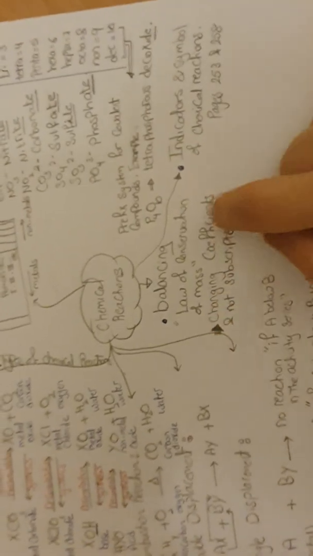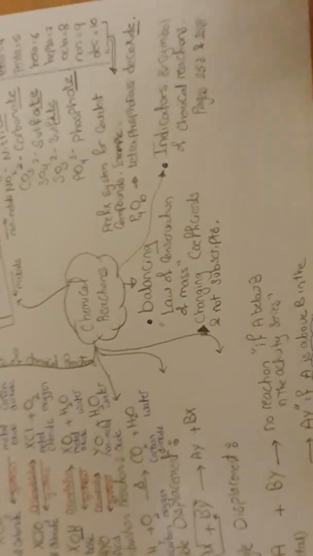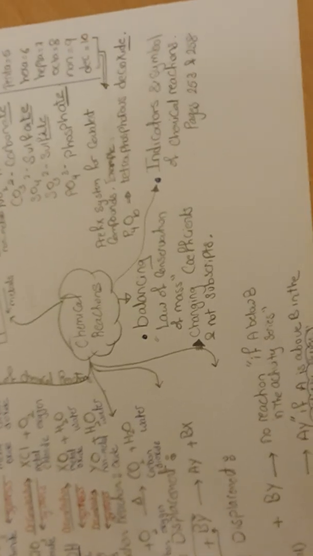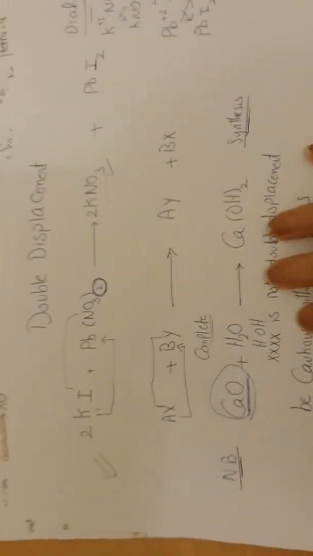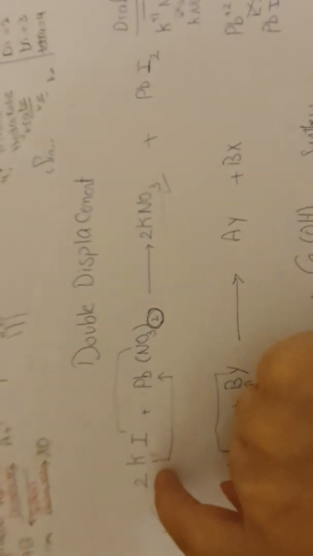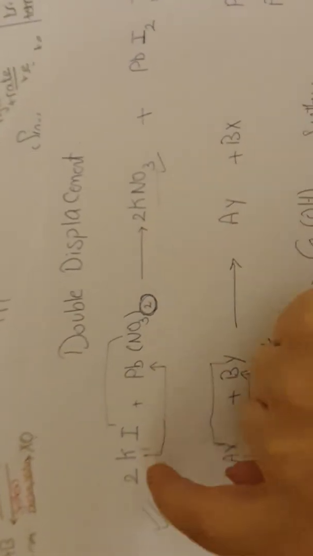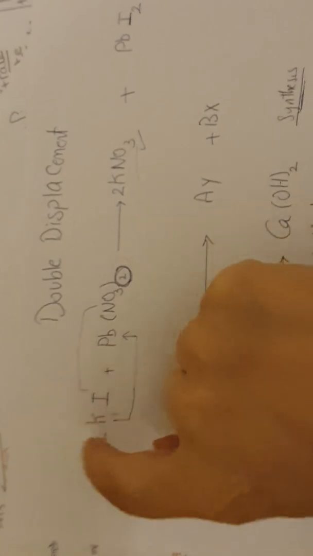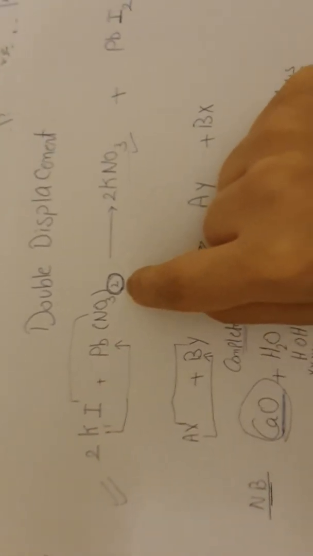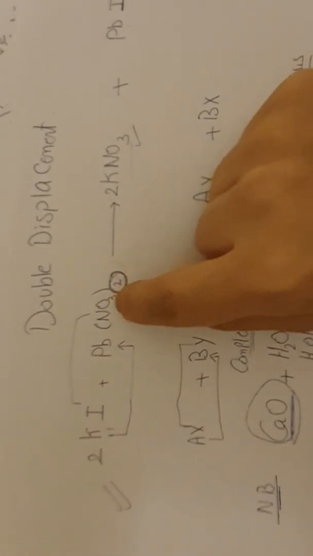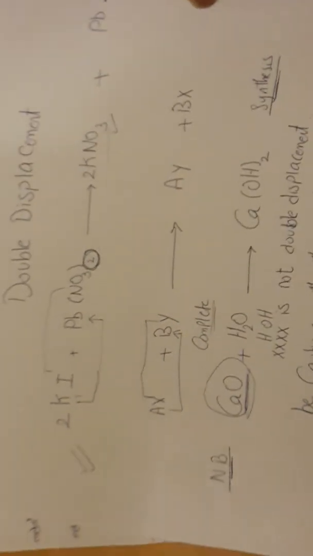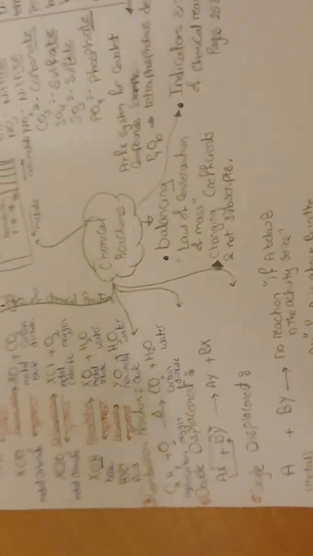You are changing the coefficients and not the subscripts. Here, let me show you. As we said here, in balancing, you are changing the coefficients, the number beside the compound, and not the subscript. With the subscript, you are changing the material itself, the compound itself.